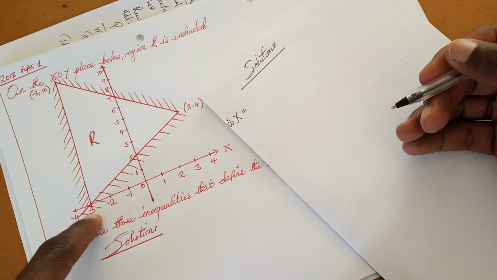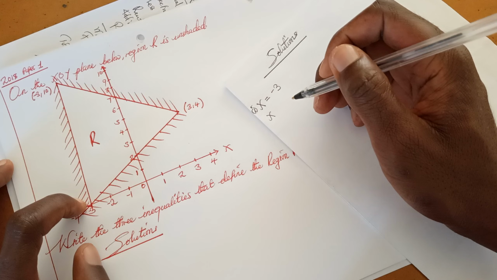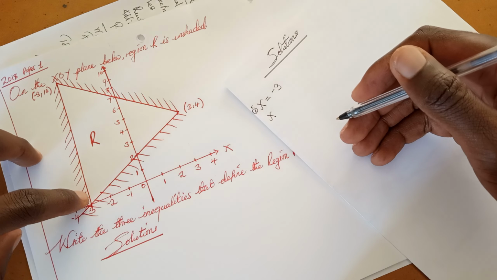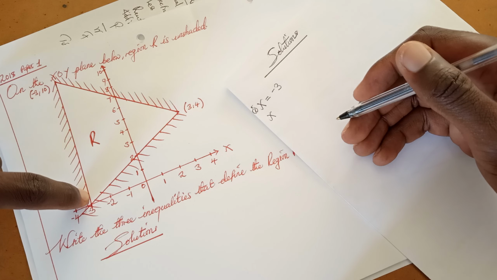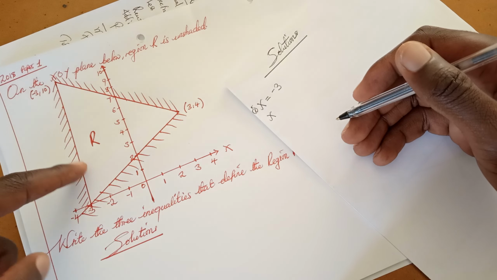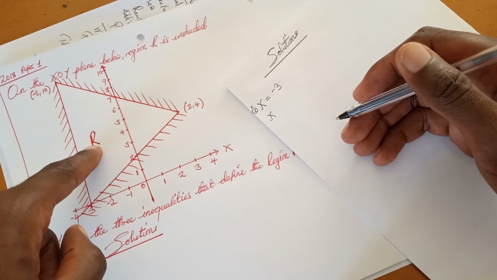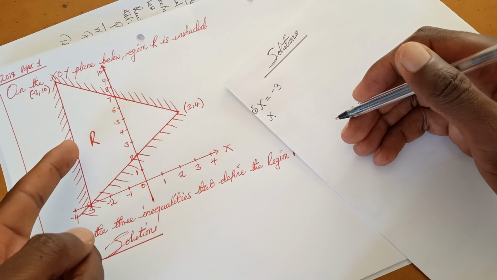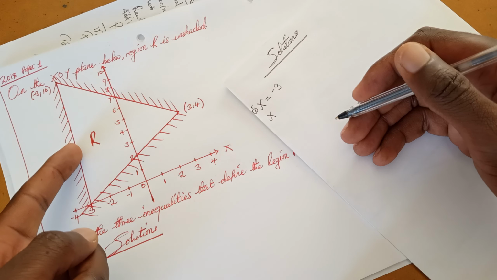Now, the equal sign is not an inequality sign, so we need to find an inequality sign. When we stand on this line, where is our R? Our region R is here. So when we stand here, going this side, what is happening to these numbers? You find that these numbers are increasing.